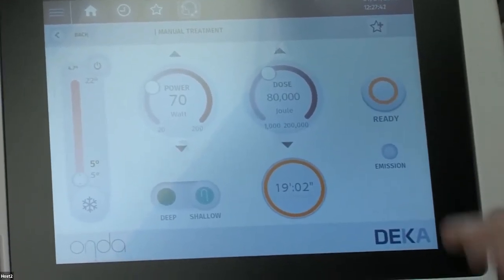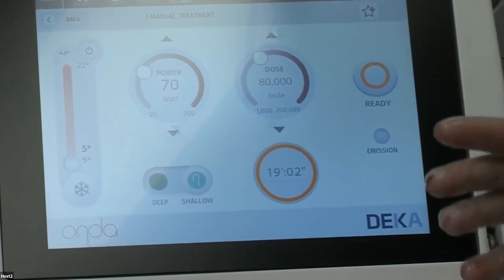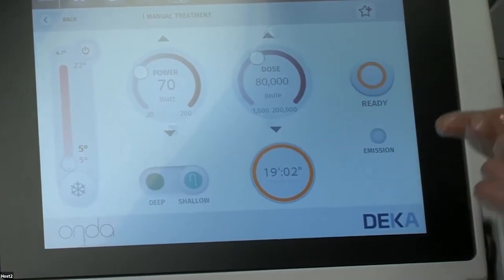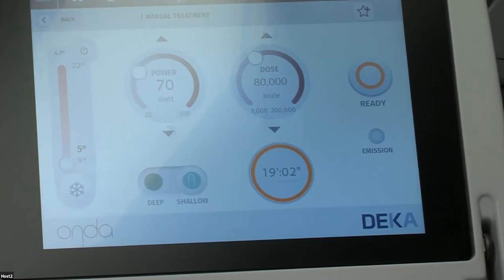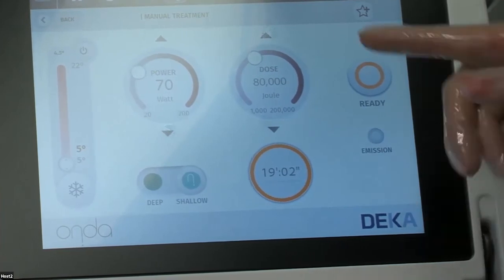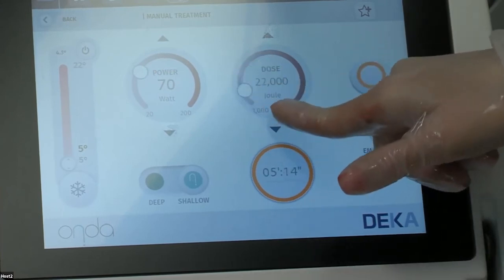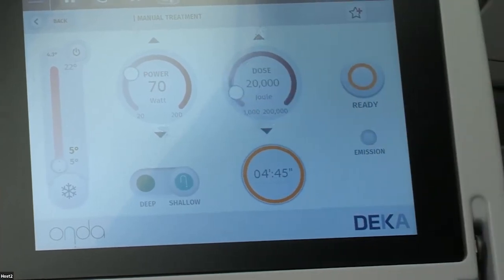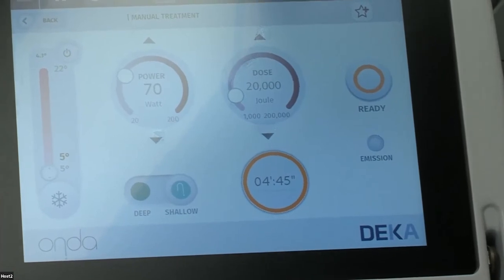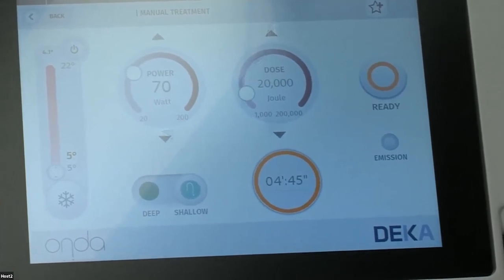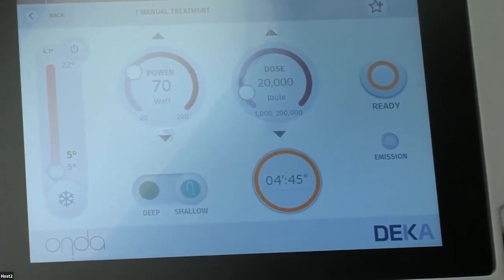Now she's fine, she can tolerate more, so I add some more energy in order to have more results. For example, I decided to increase 20,000 more. It means that at the end, I delivered 100.